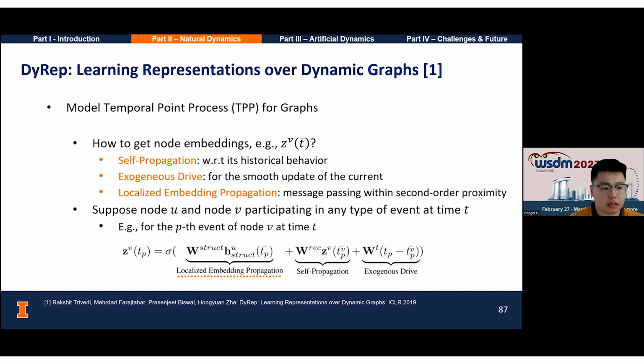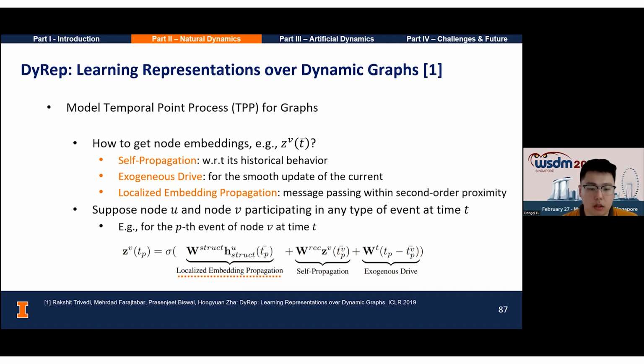And also the third and the important part called localized embedding propagation, which can be understood easily as the message passing within the second order proximity. So this is the function of getting the node embedding vectors. The self-propagation and the exogenous drive can be understood easily.